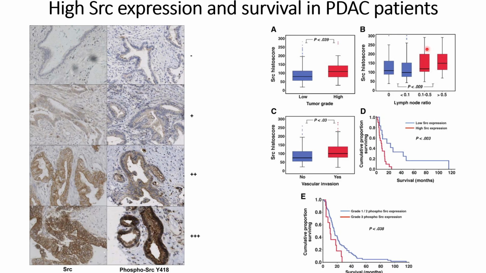So these results only complement the findings of panel A, which shows that high tumor grade corresponds to more SRC expression, and here we also see that a high lymph node ratio corresponds to high SRC expression.